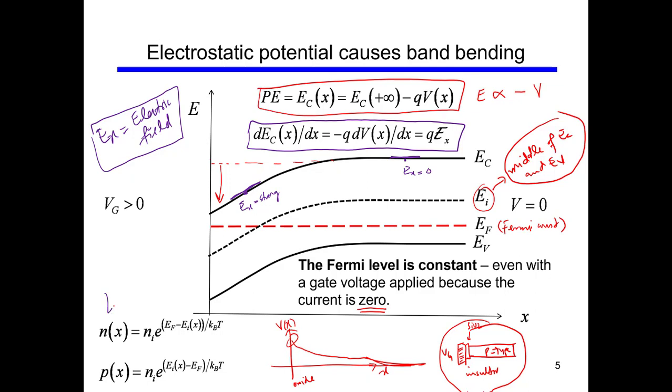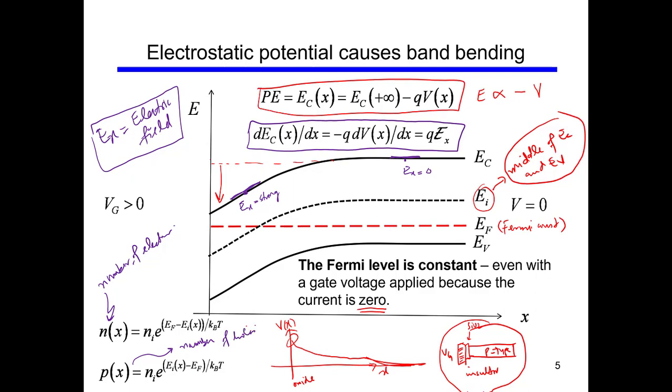Then we have the number of electrons. n is the number of electrons, and p is the number of holes.